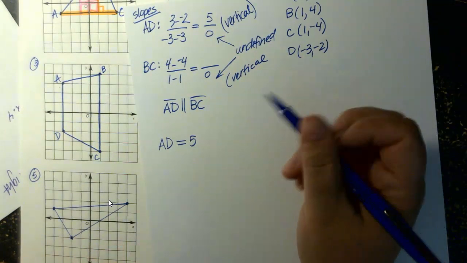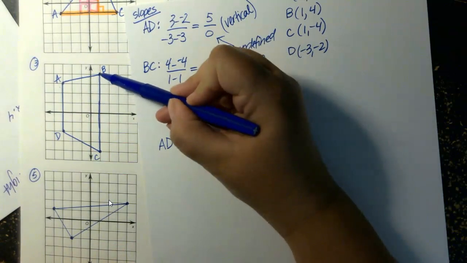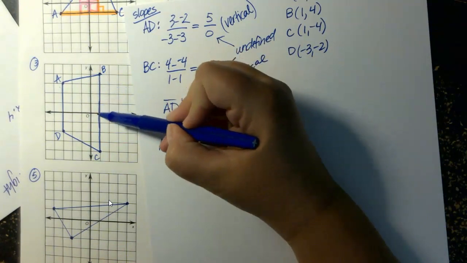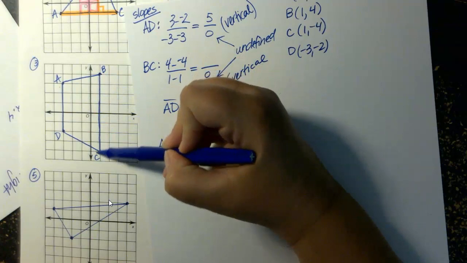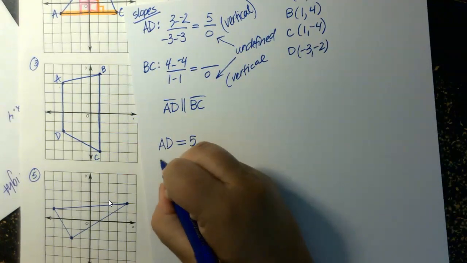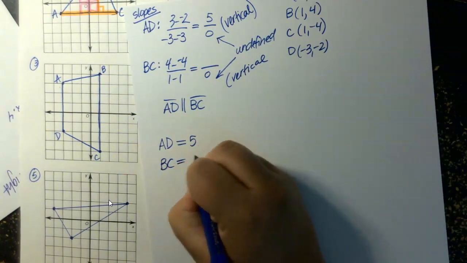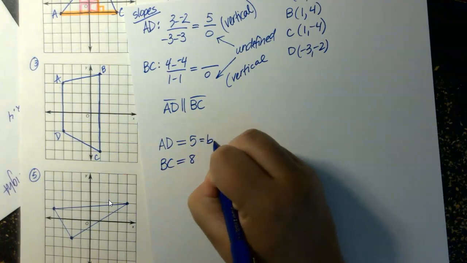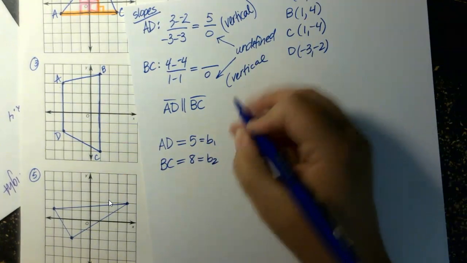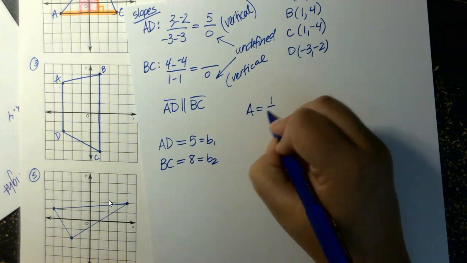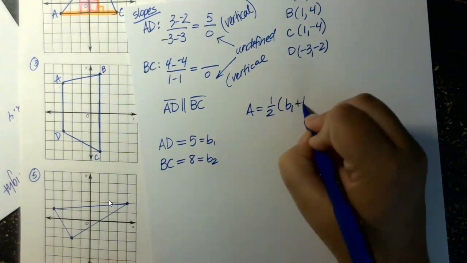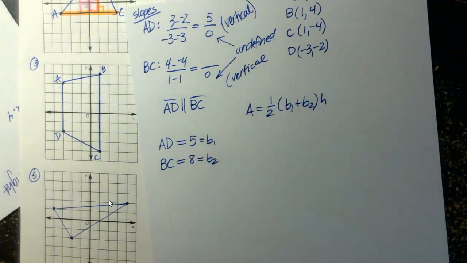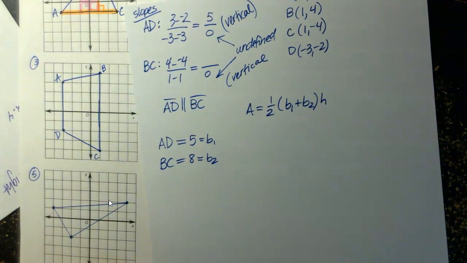The length of BC, 1, 2, 3, 4, 5, 6, 7, 8. So that's like my B sub 1 and my B sub 2 in the trapezoid area formula that looks like this. And again, it doesn't really matter which one's base 1 or base 2.